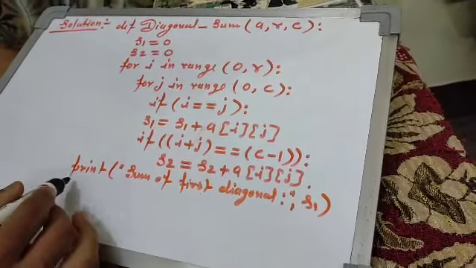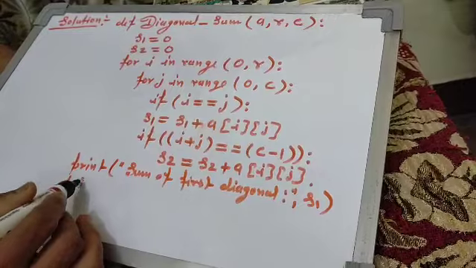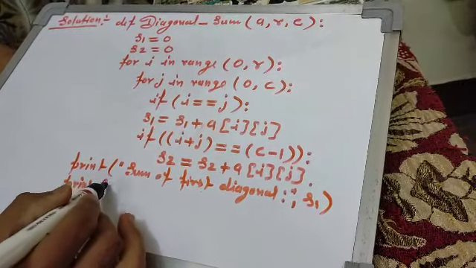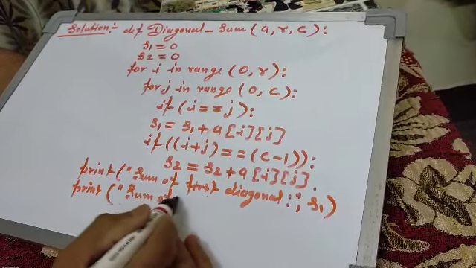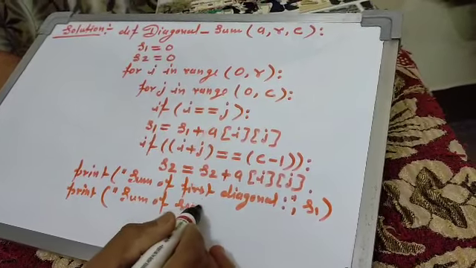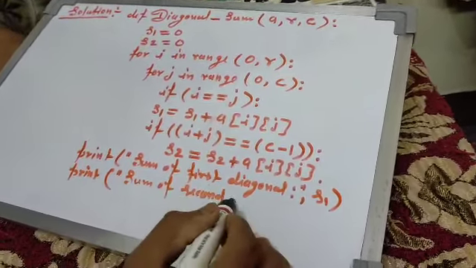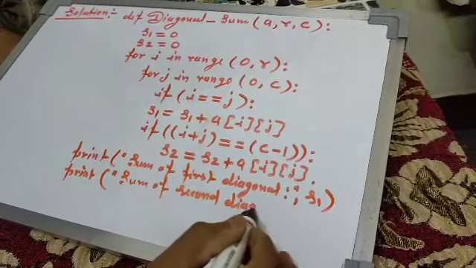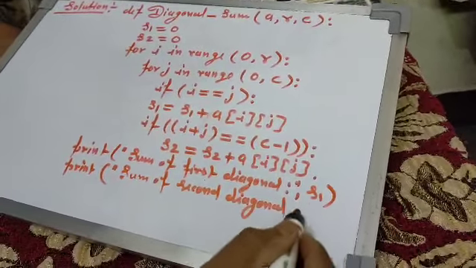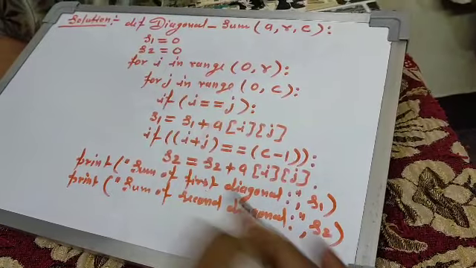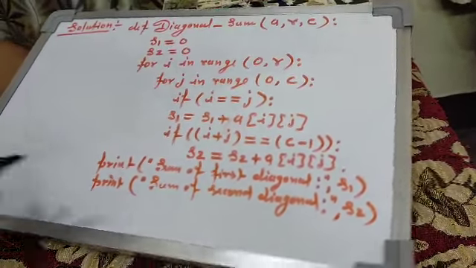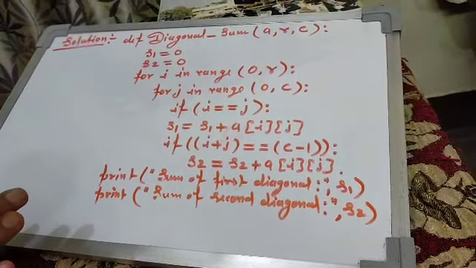Again print sum of second diagonal, s2, and here the function is closed.